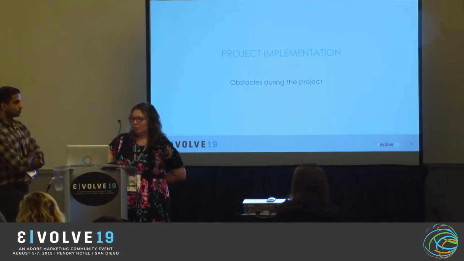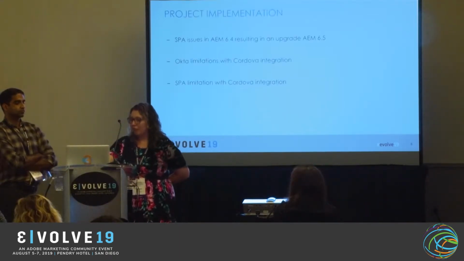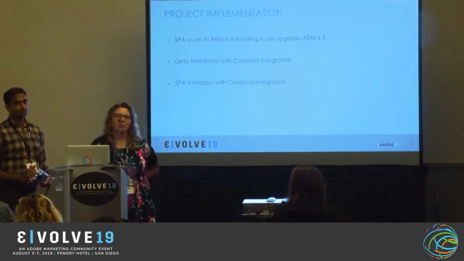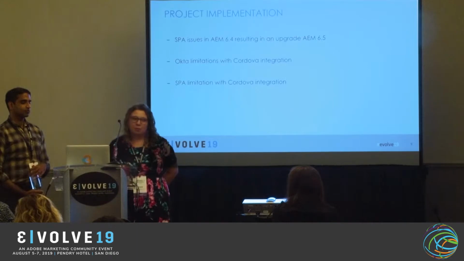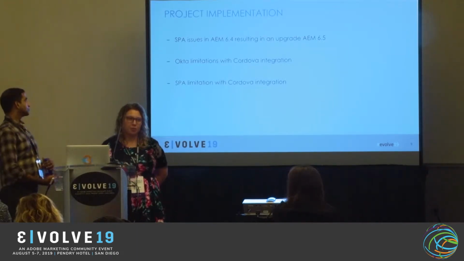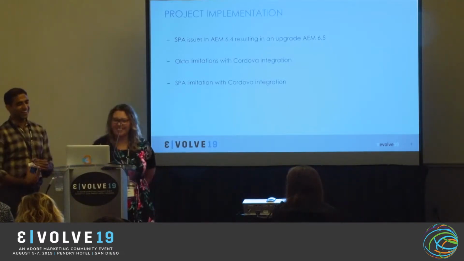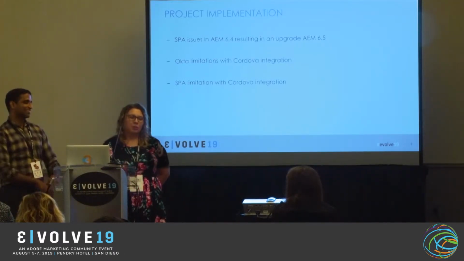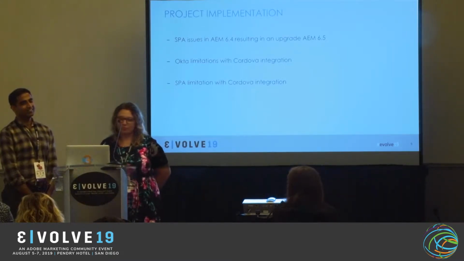Jumping into our project implementation, some of the challenges we faced: we had SPA issues in 6.4, which is what we originally started with on this project. We ran into issues, and we had to do an upgrade in the middle of development to 6.5.